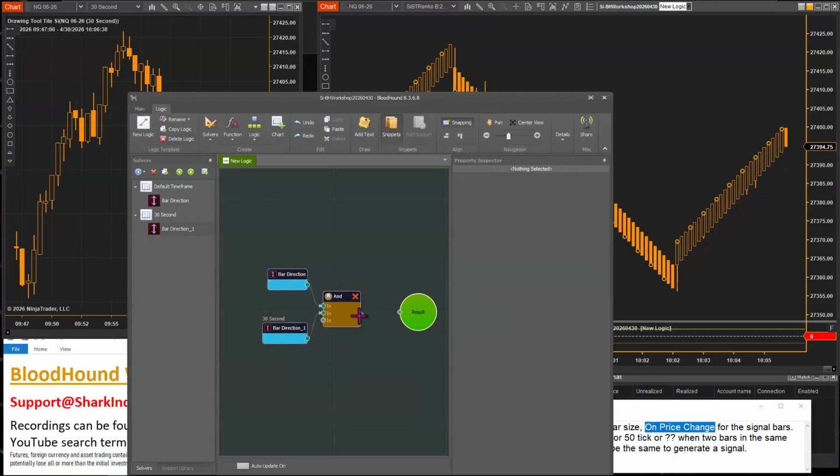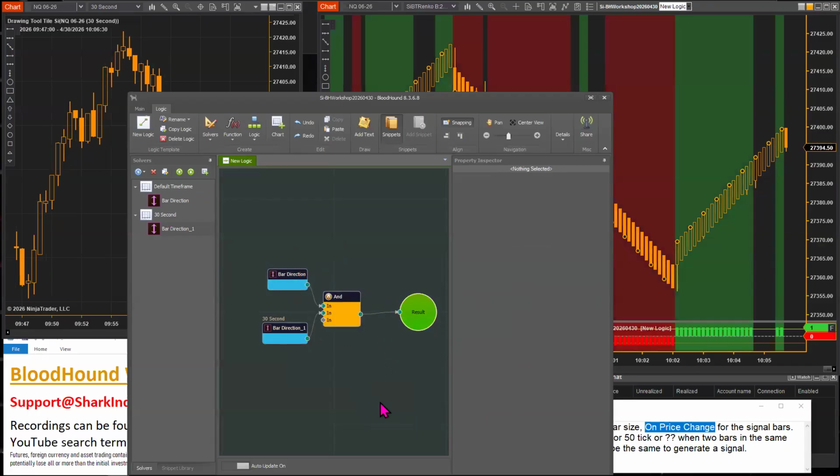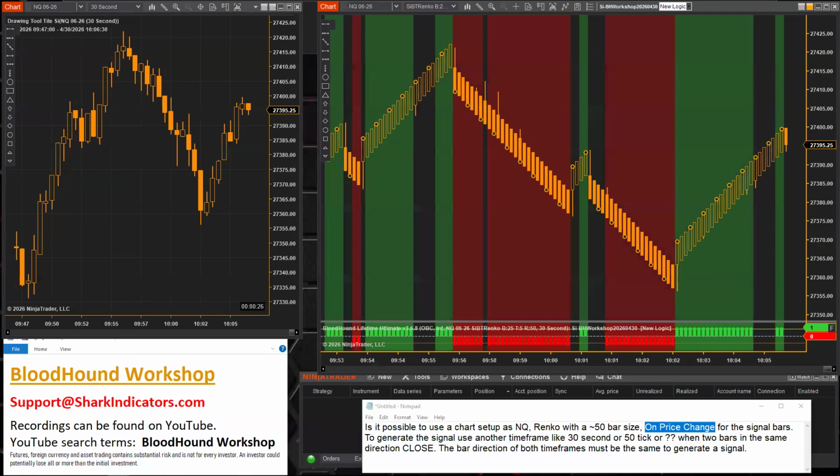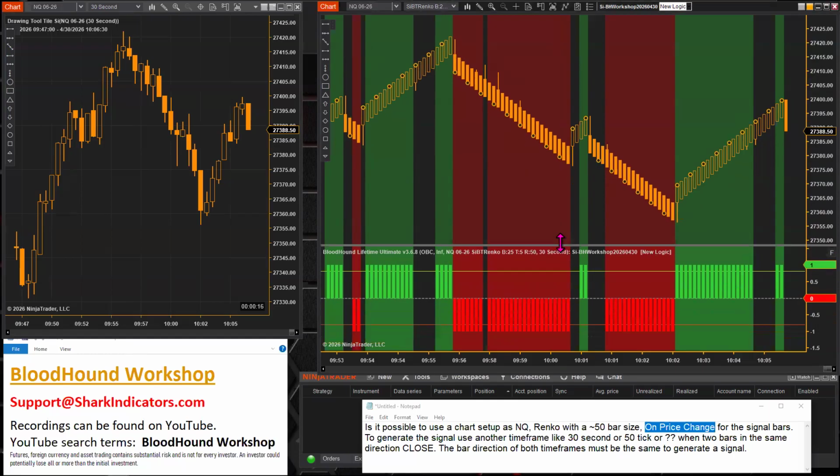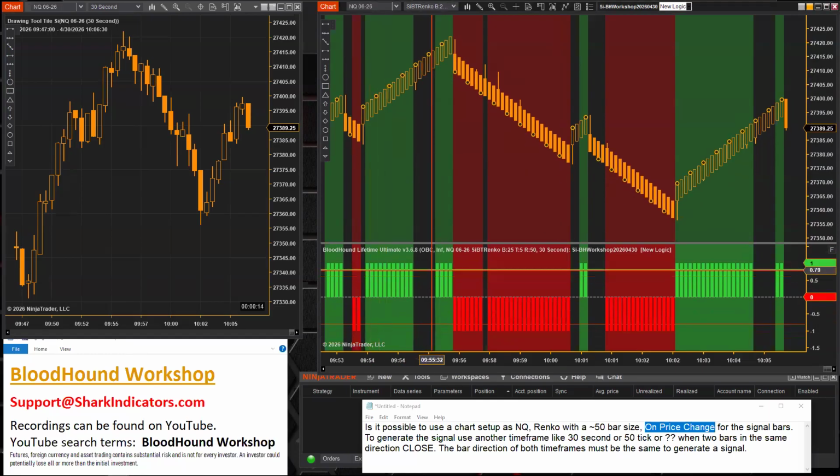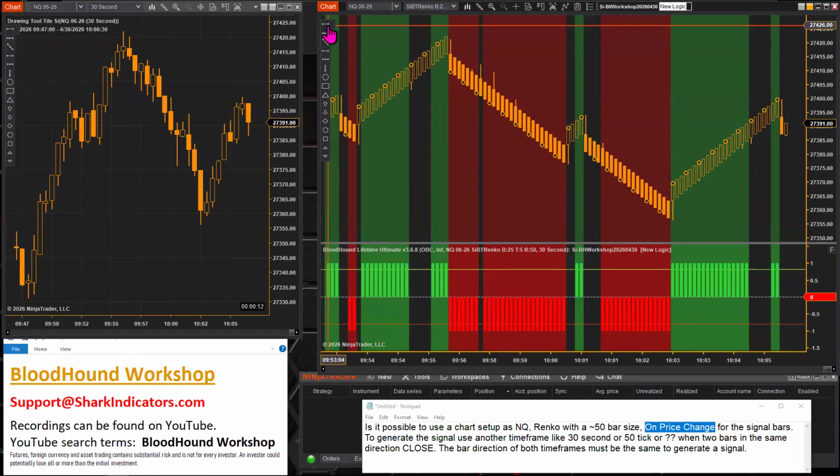Now if you're really paying attention here, you may have noticed that I have not changed the calculation mode yet. So I am still on bar close, or I should say Bloodhound is still on bar close, and we can tell right there, right?